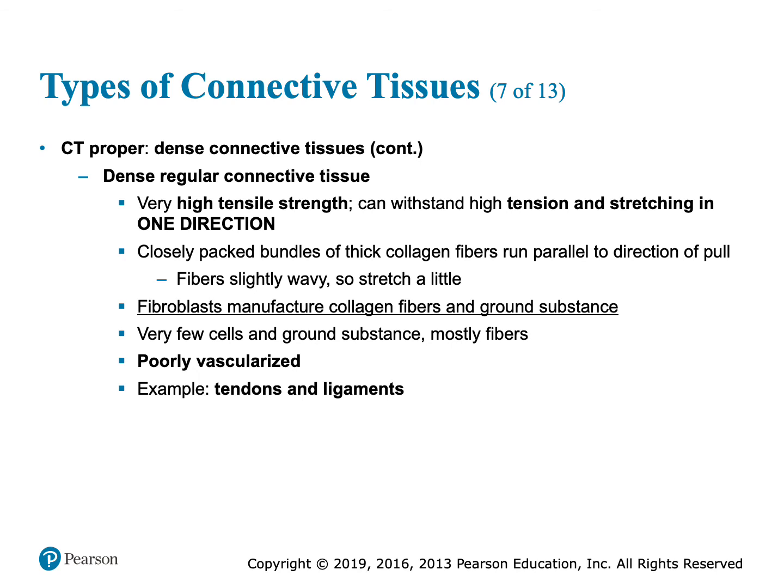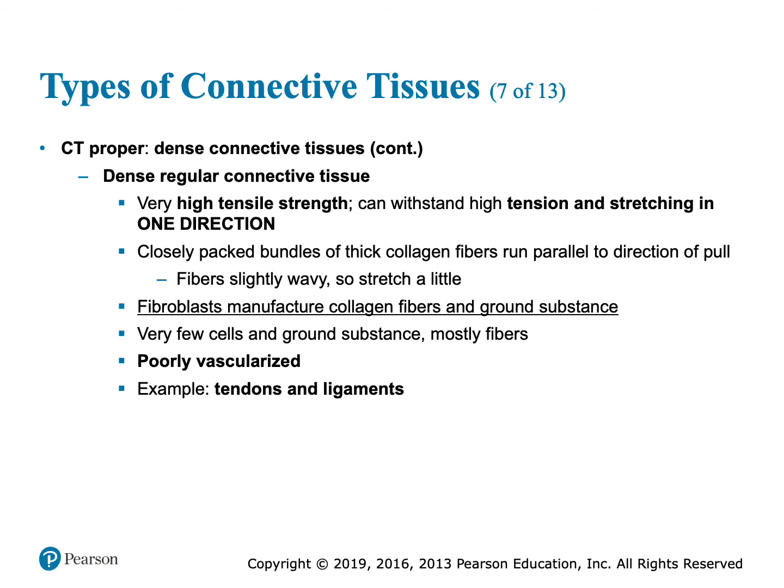Okay, now we're going to look at dense connective tissue. Dense regular. This kind of looks like lasagna noodles. This guy is very strong in one direction. So those collagen fibers are laid down all parallel to each other and they're kind of wavy.